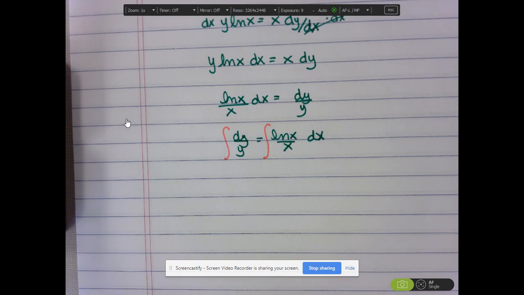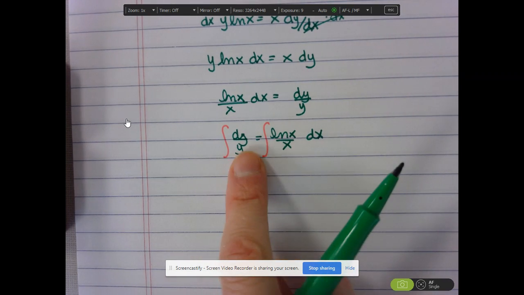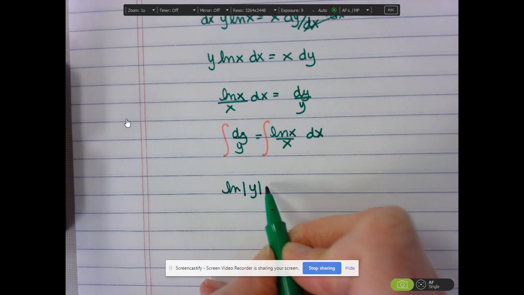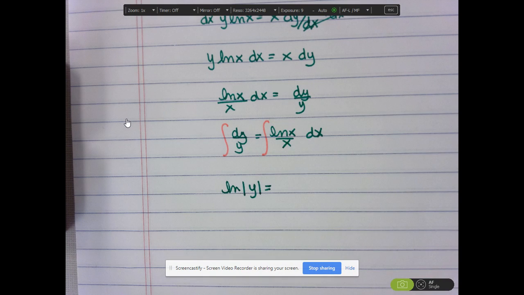Now, should you all be able to integrate successfully from this point forward? You should be able to. You've been integrating for the last however many months. So when you see this, what is this going to be? You got it, ln of the absolute value of y. This guy, though, is independent, completely separate from this guy.